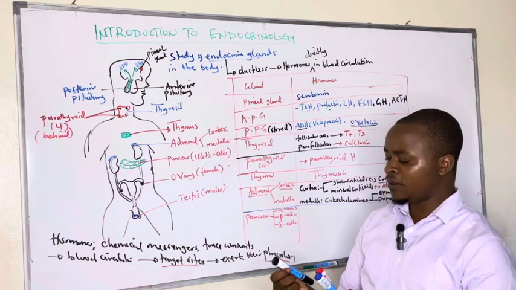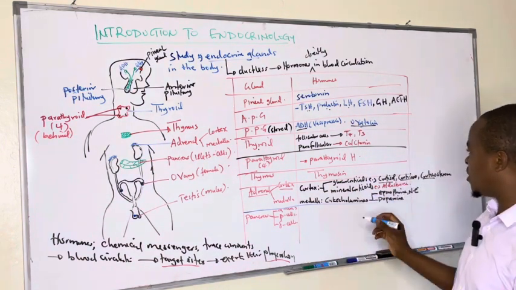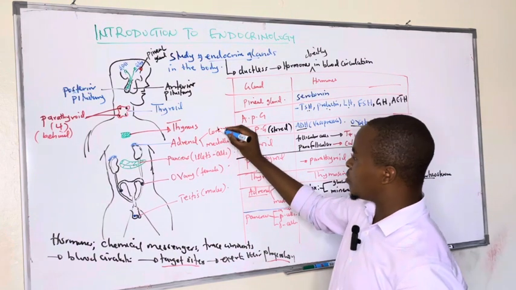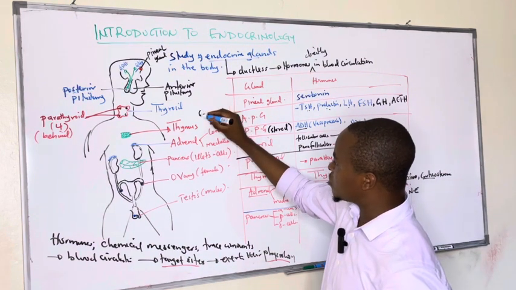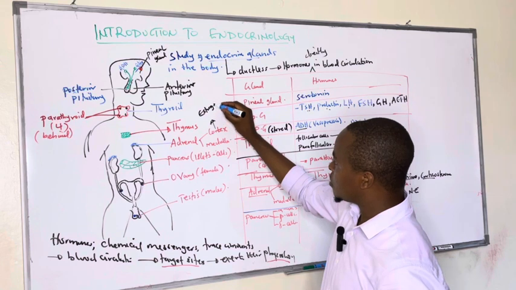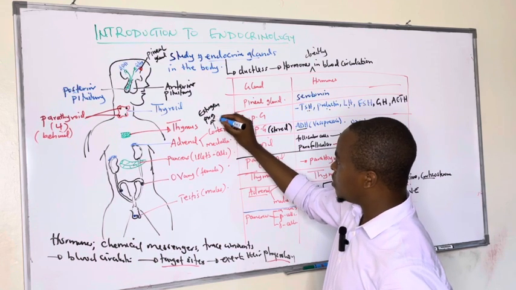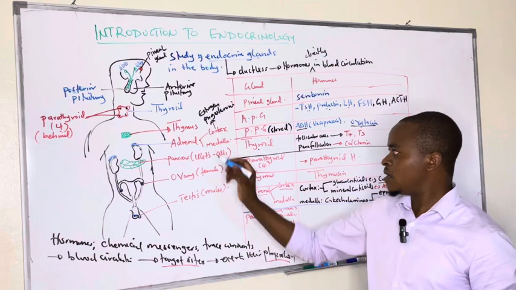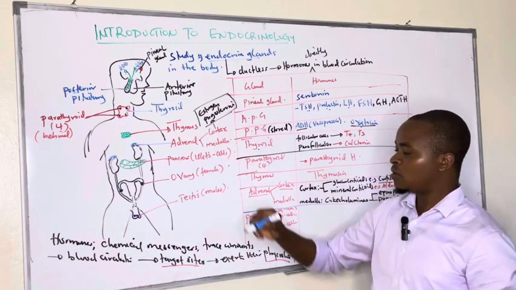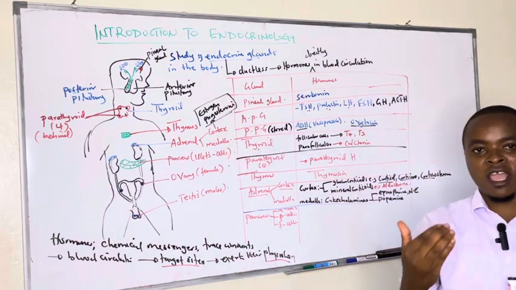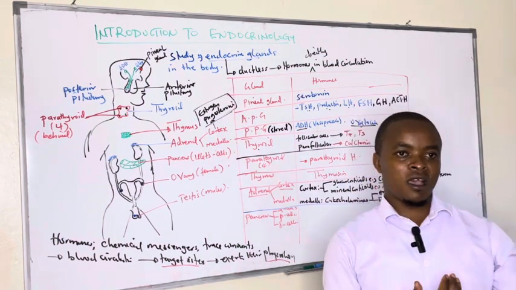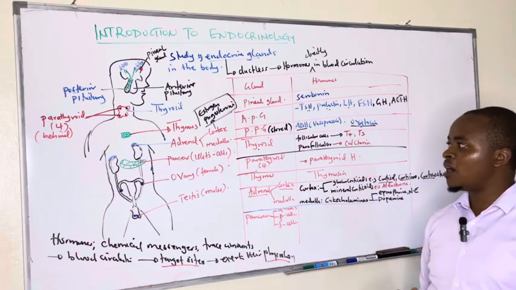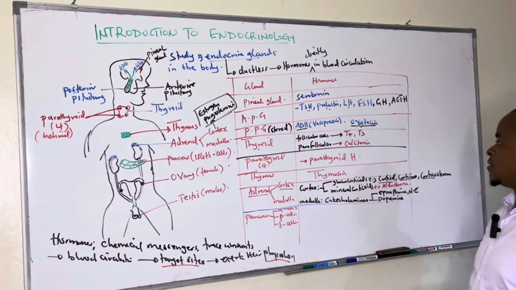So apart from producing the glucocorticoids and the mineralocorticoids, it can also produce a little amount of estrogen and testosterone in trace amounts. That's why you also find females having testosterone, because it is being produced by the adrenal cortex.